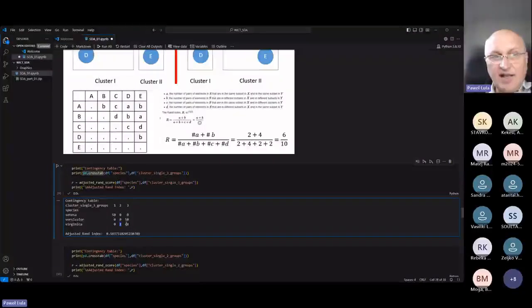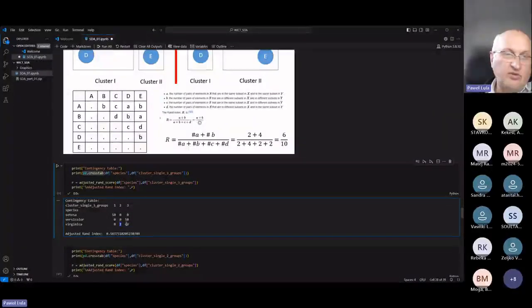But I'm going to underline once again that it is possible to calculate these measures because we have in our data set the information about the real species.